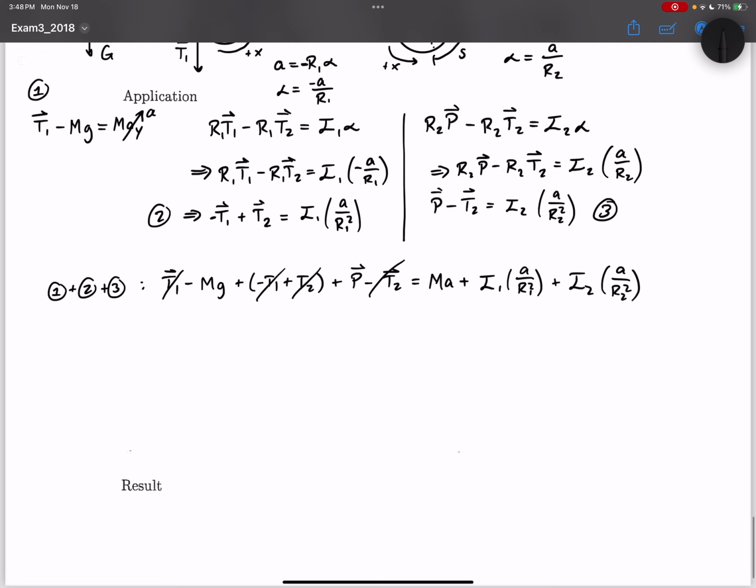And so we're left with P minus capital M G, which is going to be equal to M A plus I1. I'm actually going to factor out A right here. So A comes out, and we have capital M plus inertia 1 over R1 squared plus inertia 2 over R2 squared.